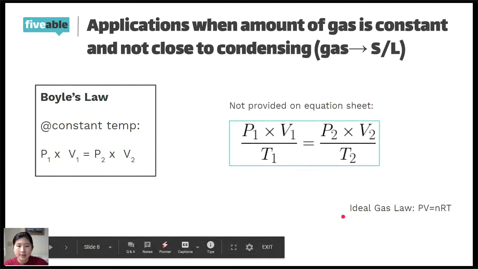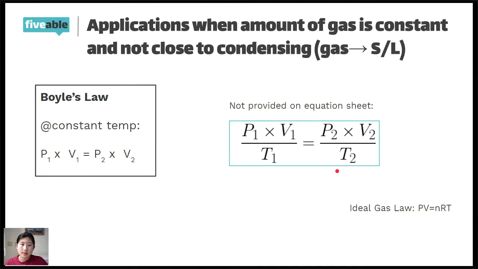All right, so you can see here, this is the ideal gas law, so you want to keep that in mind. If the amount of gas is constant, we usually can just take out the n and think of these equations as not needing the n anymore, because the n is kept constant.